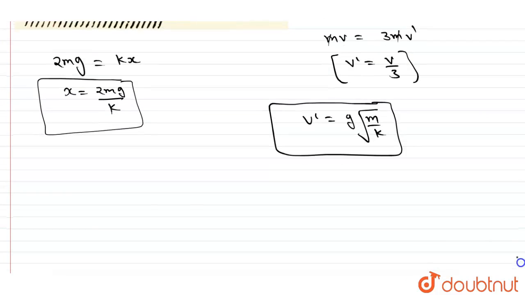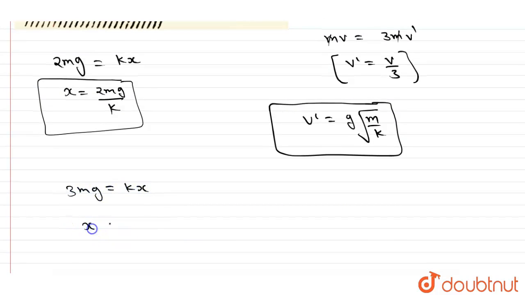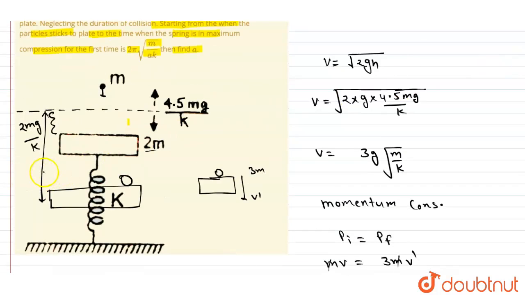So for this we can write 3 mg equals kx. So x will be 3 mg by k. So this distance must be 3 mg by k.